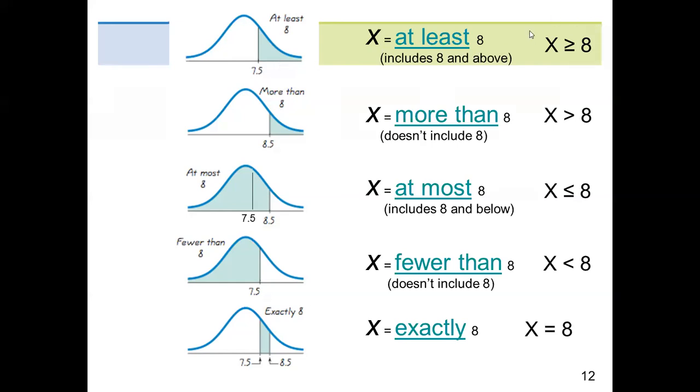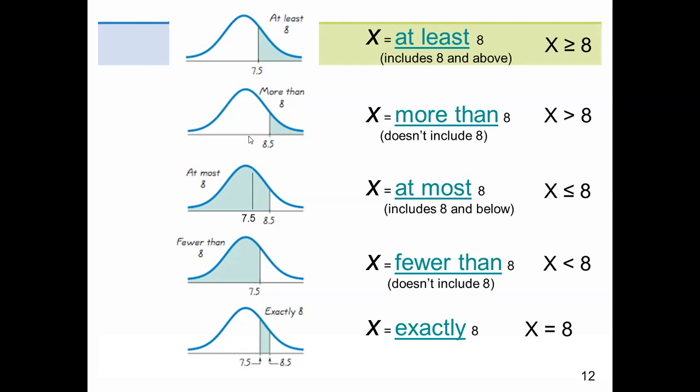Here's what I'm saying. Trust your inequality. At least 8 translates to X is greater than or equal to 8. And when that happens, it's going to appear like your shaded region isn't applicable, but it is because of continuity correction. Now, when you just have something like X is more than 8, which translates to X is greater than 8, well, I'm starting off at 8.5.